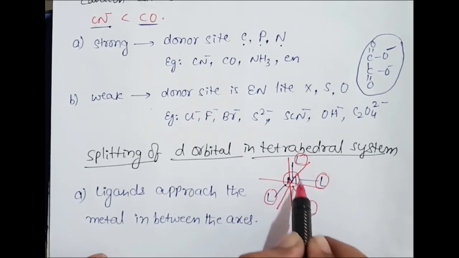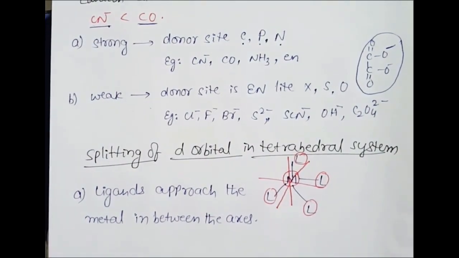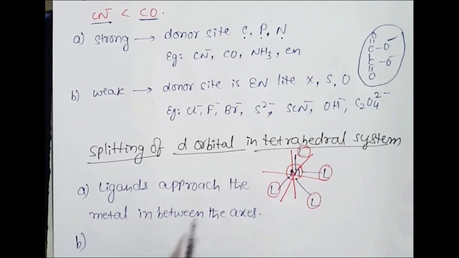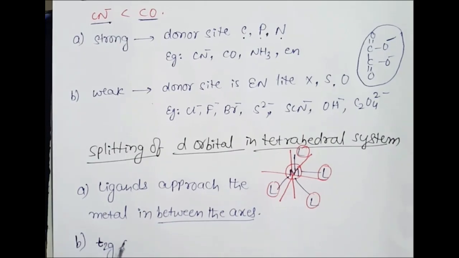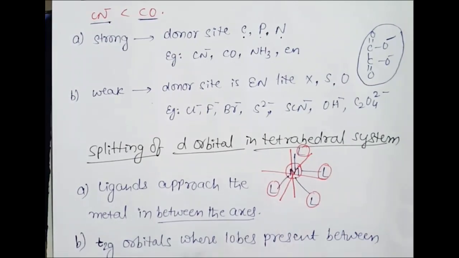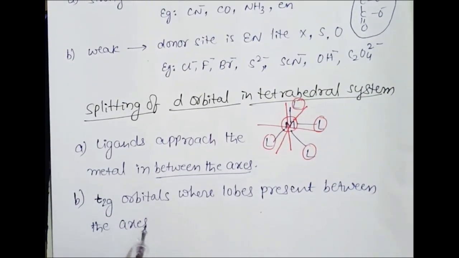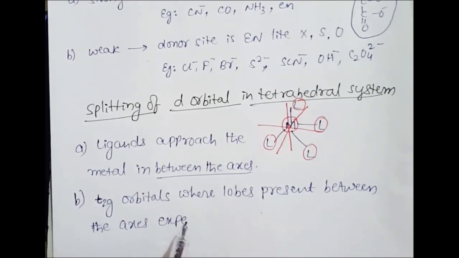So in the metal, which d orbitals will experience more repulsions? Since the ligands approach in between the axis, the T2G orbitals, whose lobes are present between the axis, experience more repulsions.